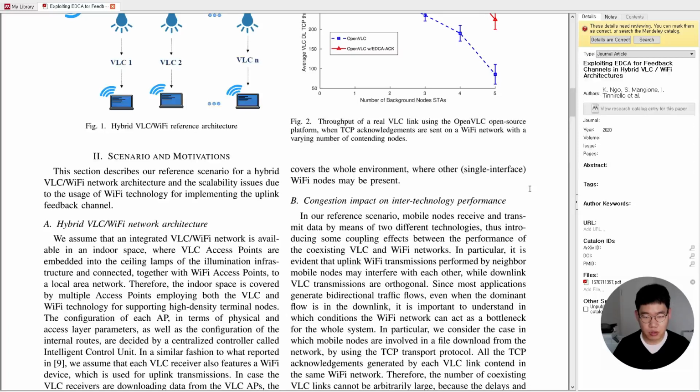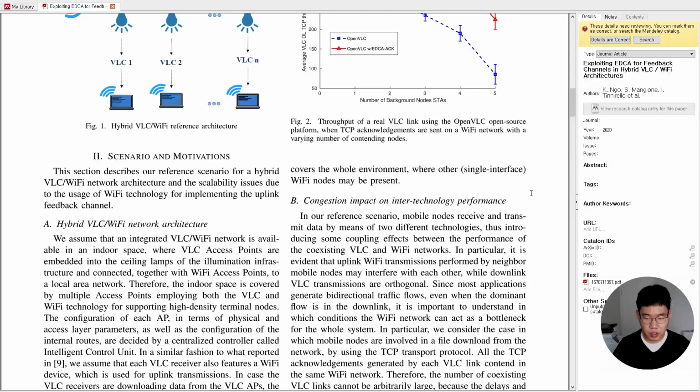In particular, it is evident that uplink Wi-Fi transmissions performed by neighbor mobile nodes may interfere with each other, while downlink VLC transmissions are orthogonal. Since most applications generate bidirectional traffic flows, even when the dominant flow is in the downlink, it is important to understand in which conditions the Wi-Fi network can act as a bottleneck for the whole system.